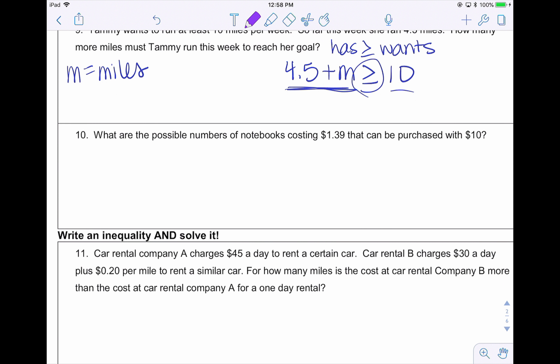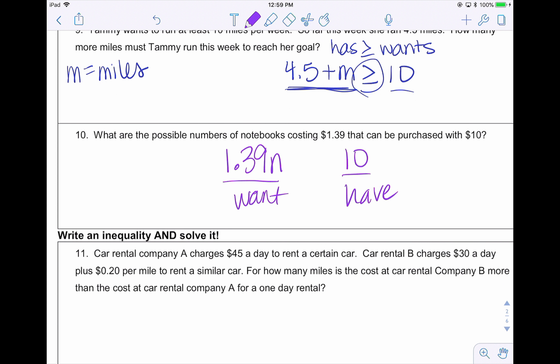Problem 10, what are the possible numbers of notebooks costing $1.39 that can be purchased with $10? So notebooks, you have them at $1.39 each, and you multiply it by however many notebooks you have, and that relates to $10. Now this is the money that you want to spend, and this is the money that you have to spend.